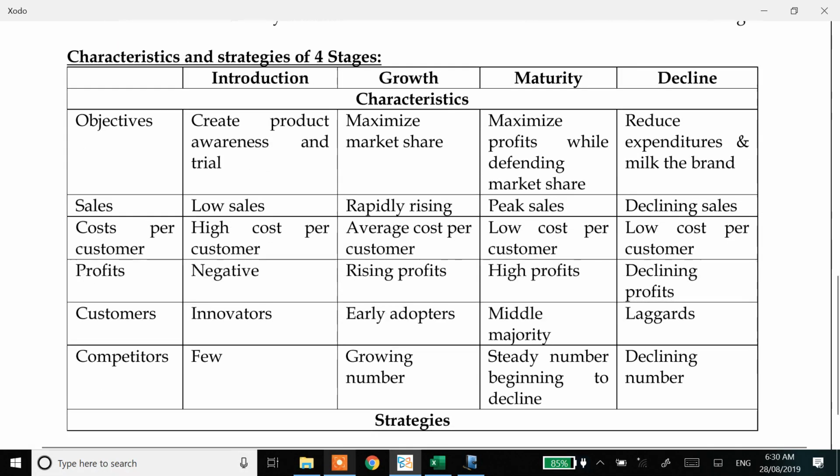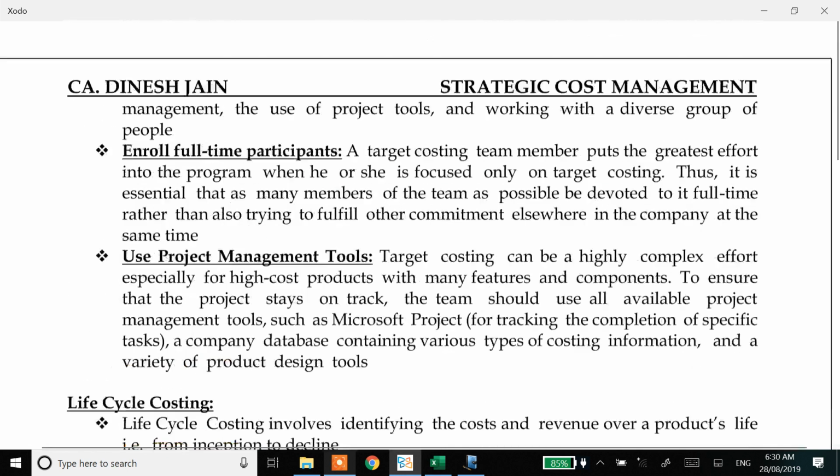Now, these are the various characteristics. These will be self-explanatory. You can go through this. Come to page 88.